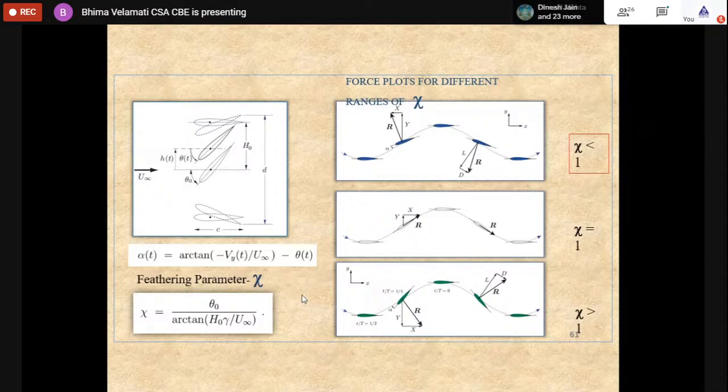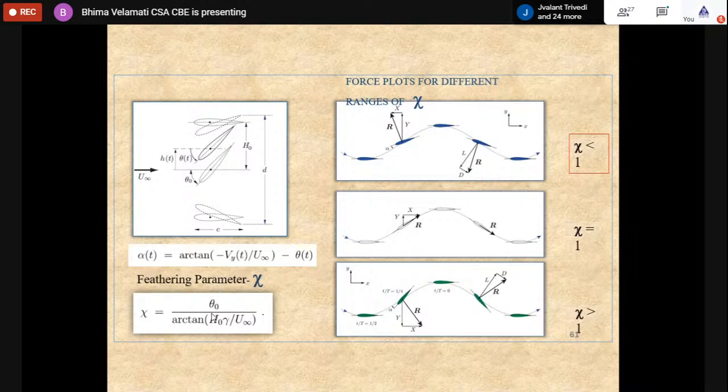This is an interesting phenomenon, which is relatively new: you have a criterion called the feathering criterion. So if I keep this feathering criterion, where theta naught is the angle of the aerofoil, and you have an arctan which speaks about the effective angle of attack.